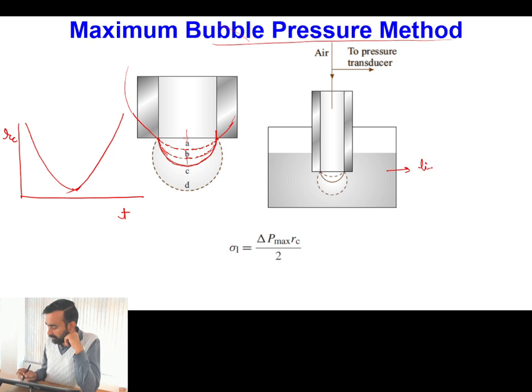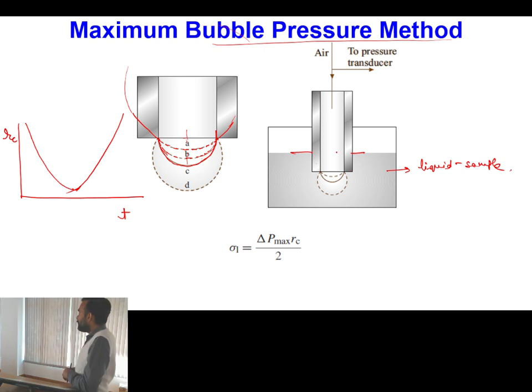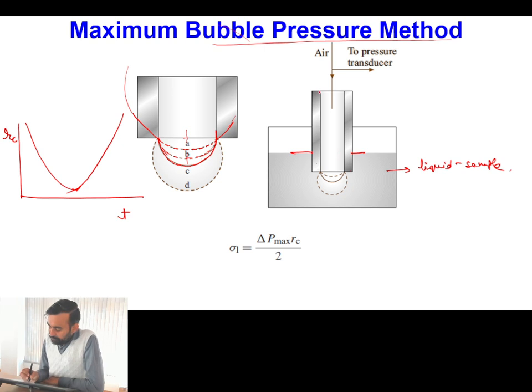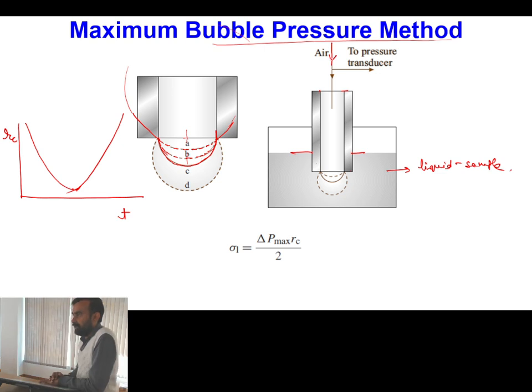Now what if I take my setup something like this. This is my liquid sample, and in this liquid sample I have placed the needle in such a way that it is submerged within the liquid. Now, the back end of this needle is connected to some air supply.